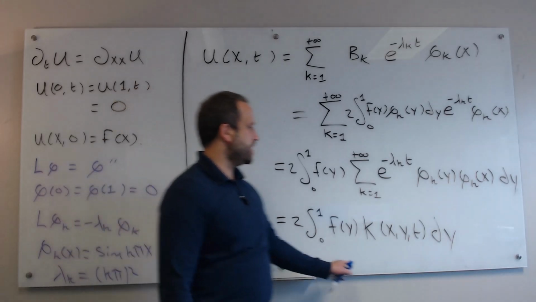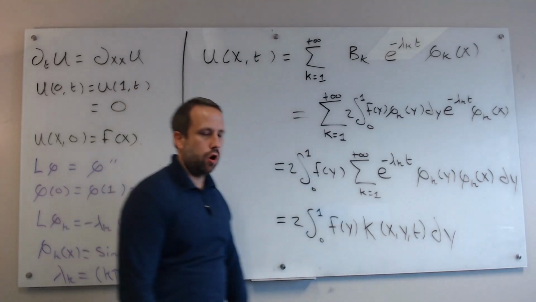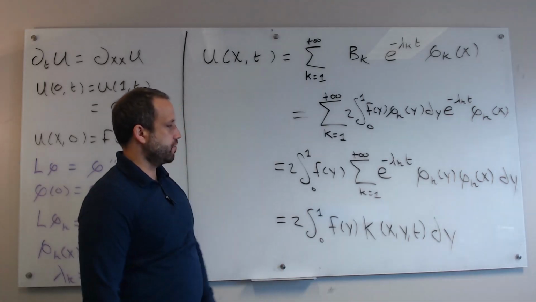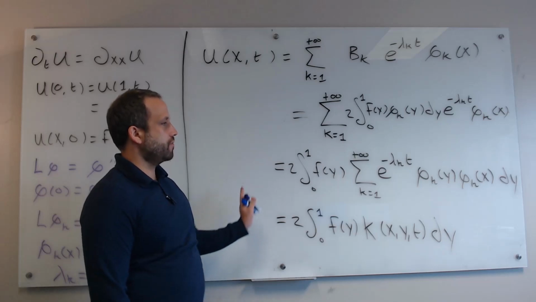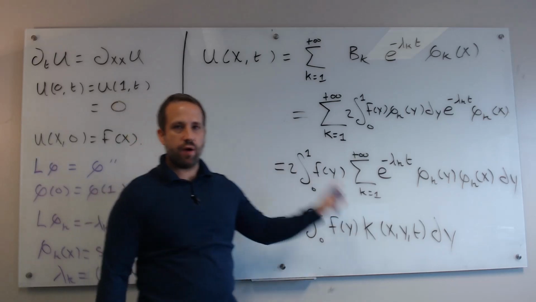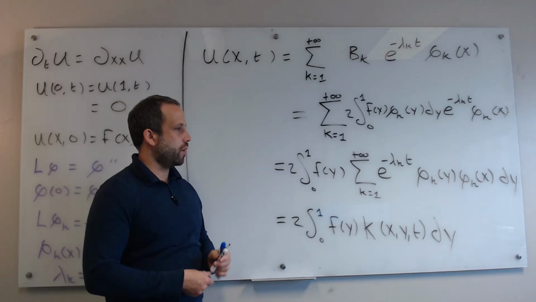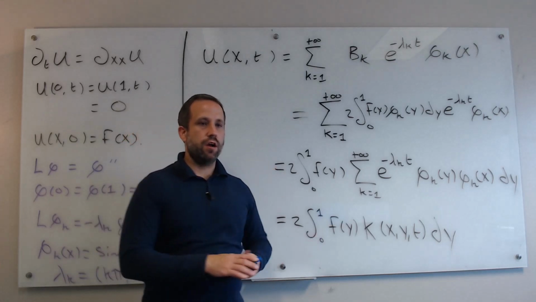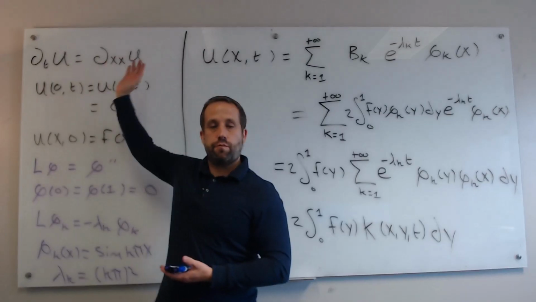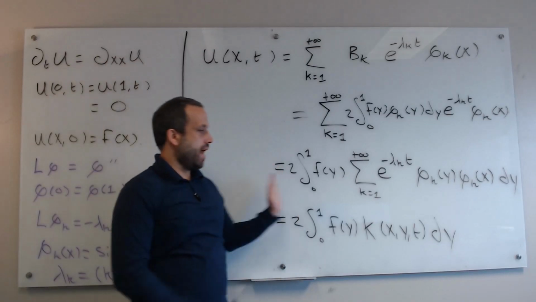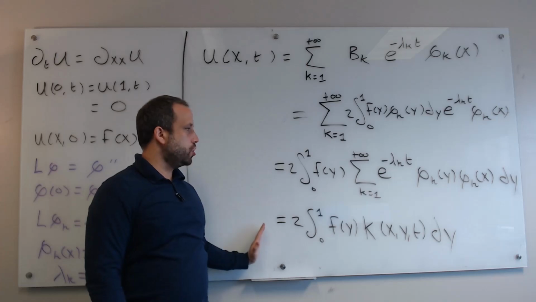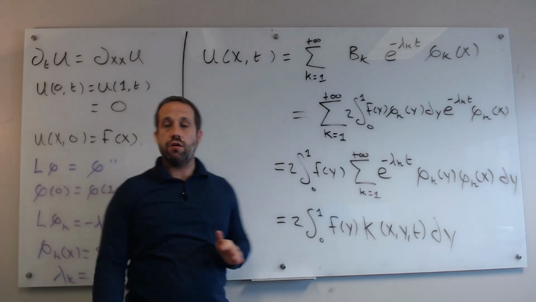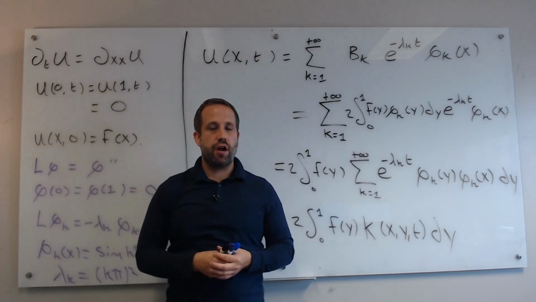And now we're going to see that this is related to something called the Green's function for this differential equation. Again, I wrote everything very abstractly because I wanted to pave the way for things we're going to be doing, and to encourage a more abstract viewpoint so we can handle more difficult problems than this one. But this is the same solution that we got when we solved this using separation of variables the first time.